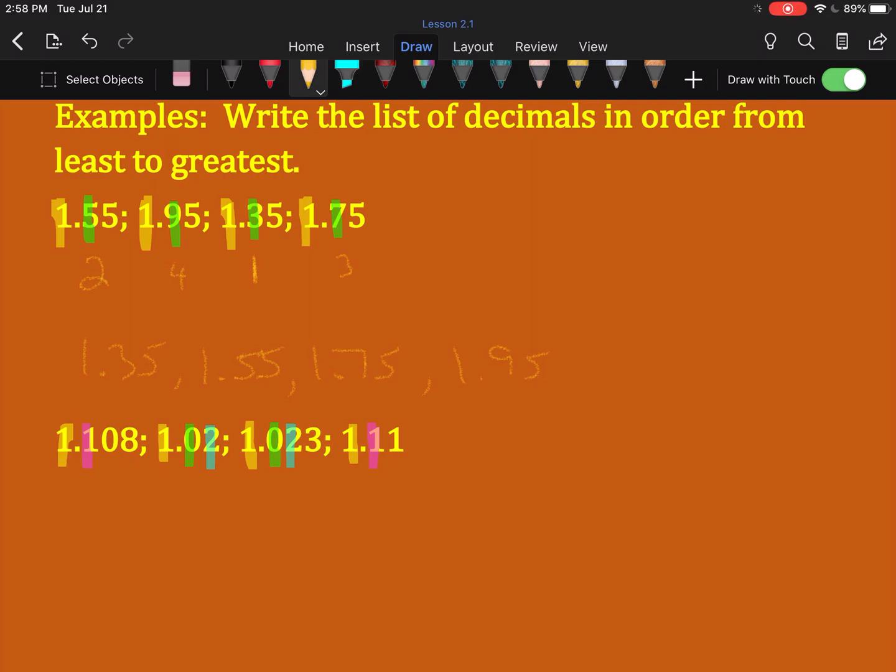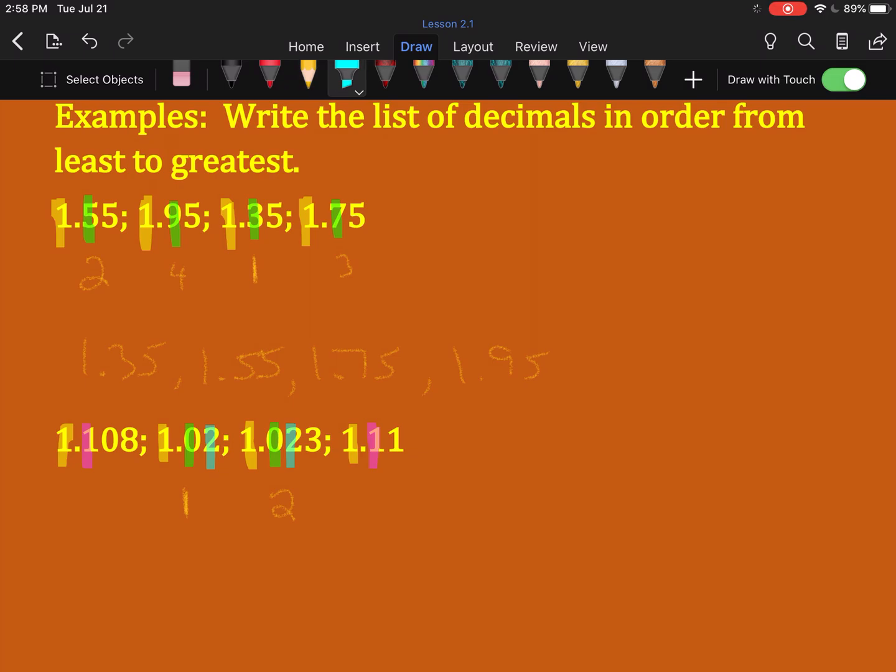That makes 1.02 the smaller number, because 1.023 is going to another place, the thousandths position, it's a longer number. That means it's going to be a little bit bigger, because the first 3 numbers are all the same. So 1.023 is slightly more than 1.02.